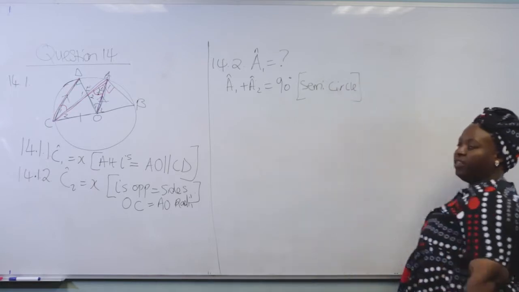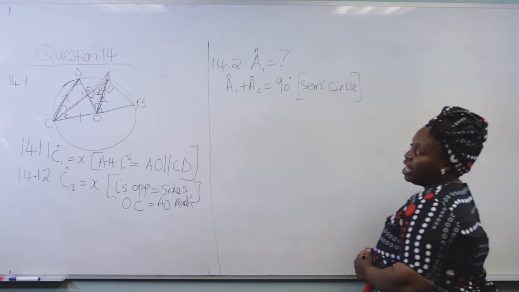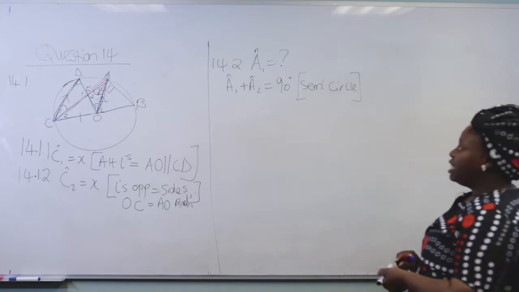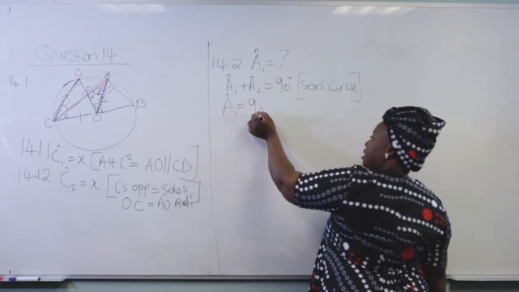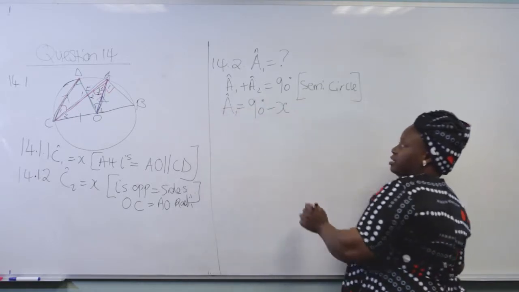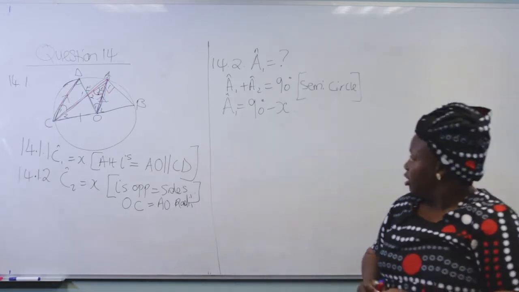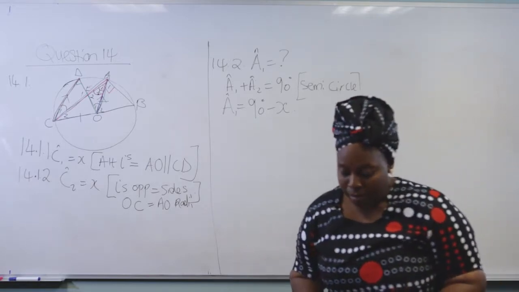So you can write one of that: angle subtended by the diameter. So we know that A2 is already equal to X, meaning that A1 will be equal to 90 degrees minus X. And to be surprised, this is 3 marks. So you see you got your statement, your reason, and your solution having the full 3 marks.